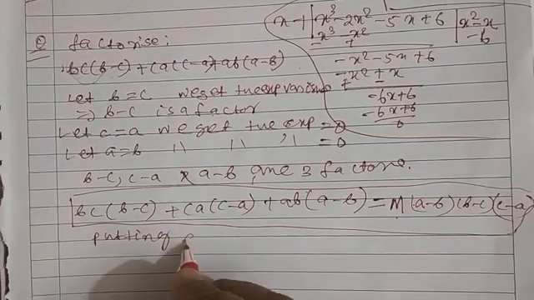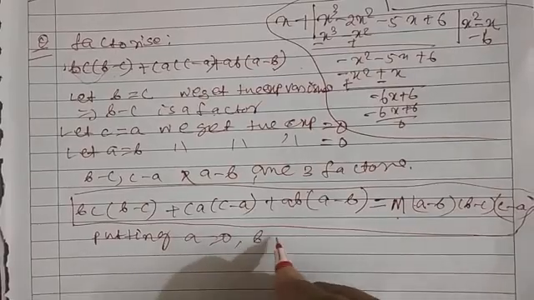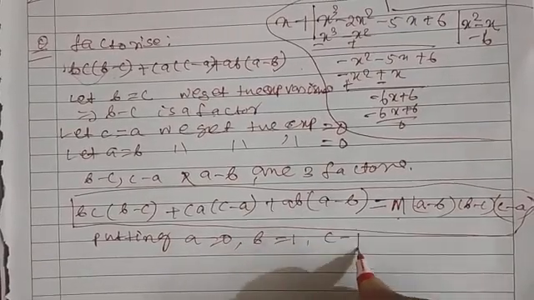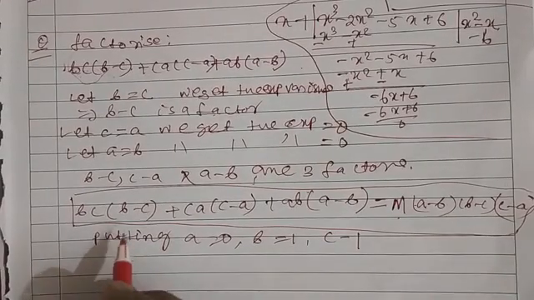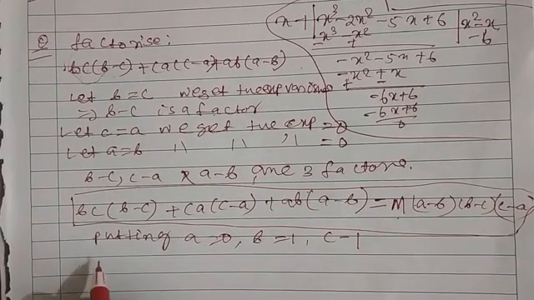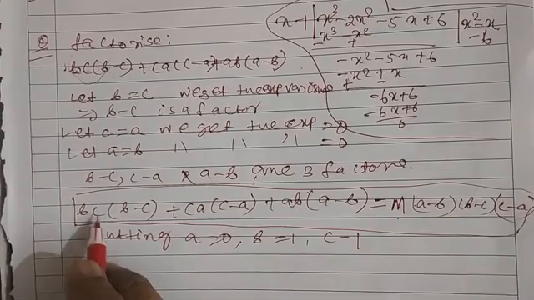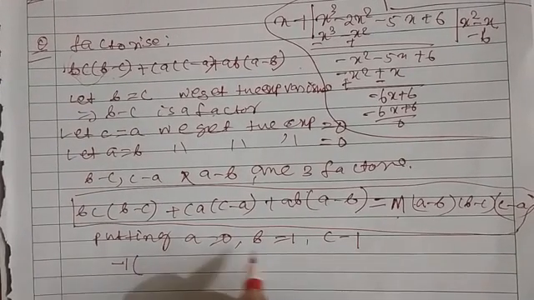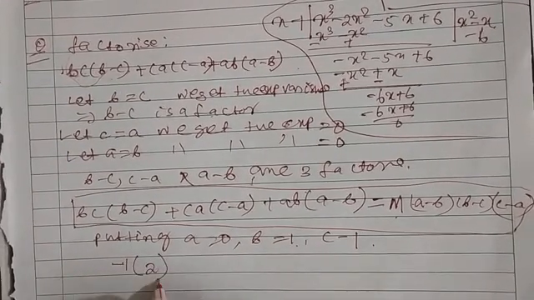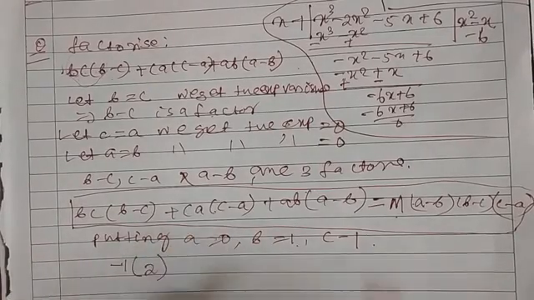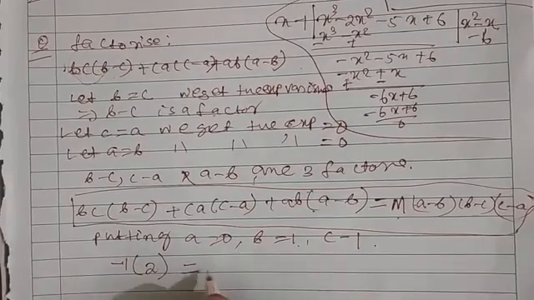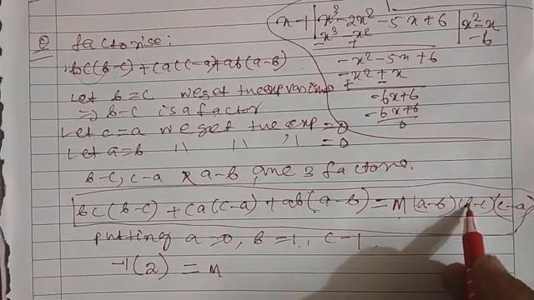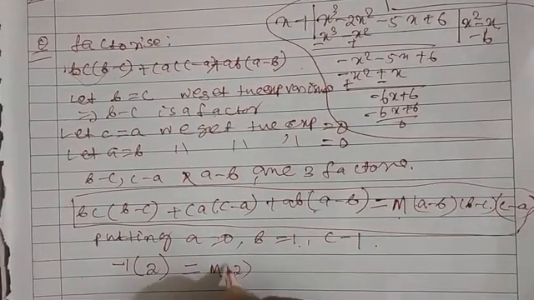So putting a is 0, b is 1, c is -1. No problem, whatever you take. Okay, we get: this is bc, so -1, b minus c into 2, plus 0, plus 0, equal to m into b minus c, which is 2.